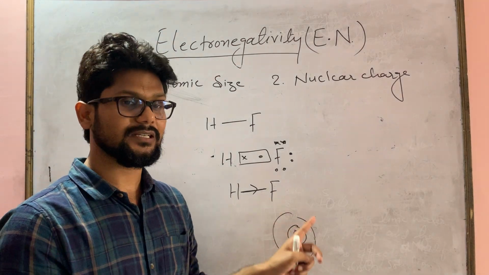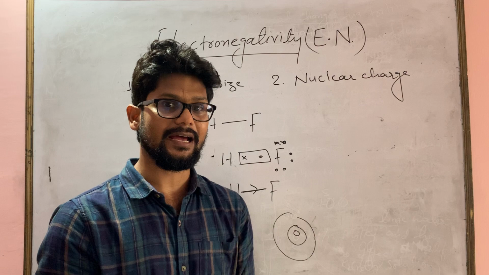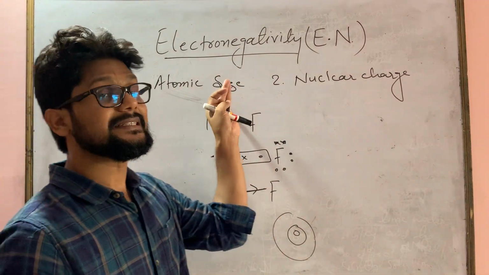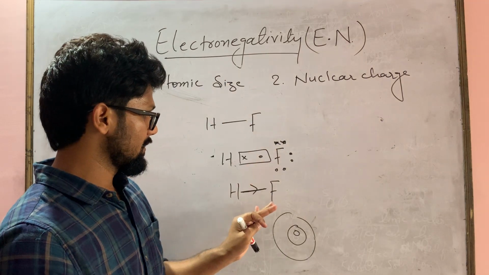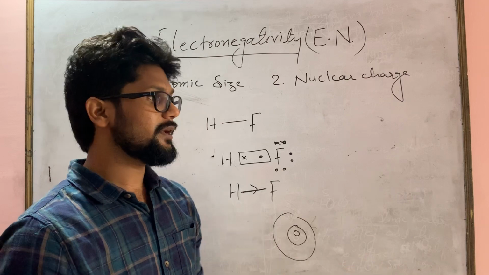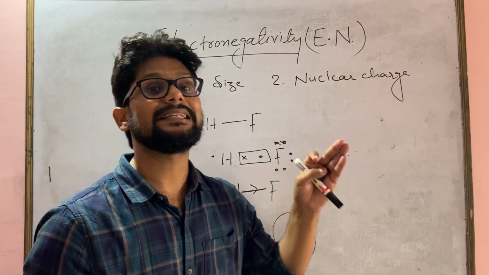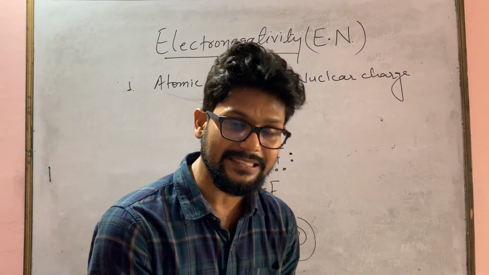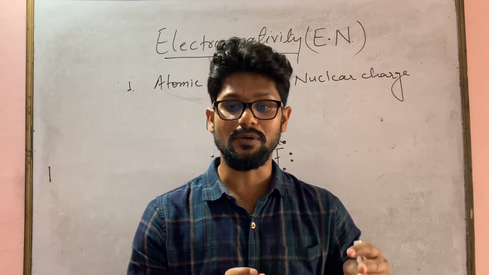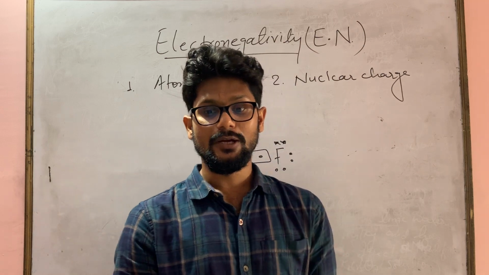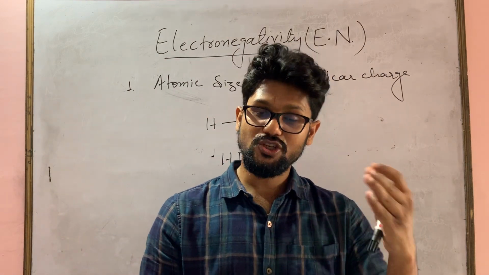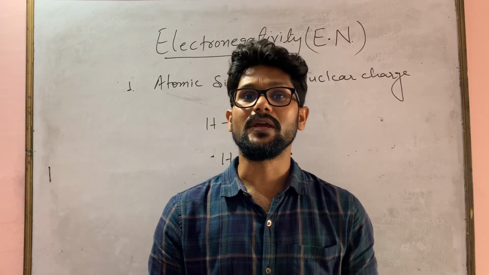So as the conclusion, we can say that as we move across a period, atomic size decreases, nuclear charge increases, therefore electronegativity increases. As size decreases, the force of attraction will be more, which means the tendency to attract the electrons will be more.